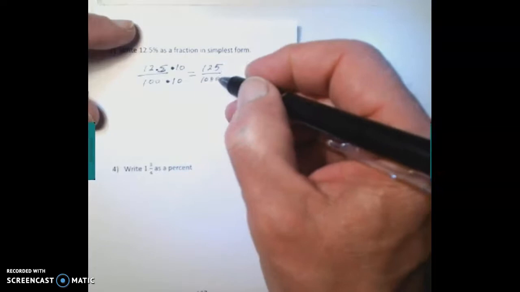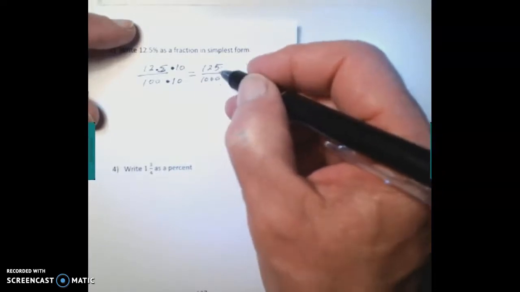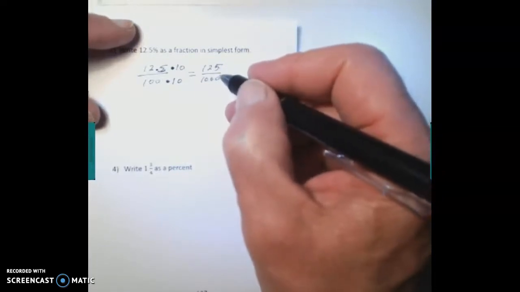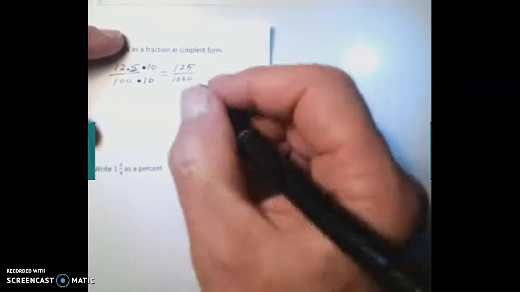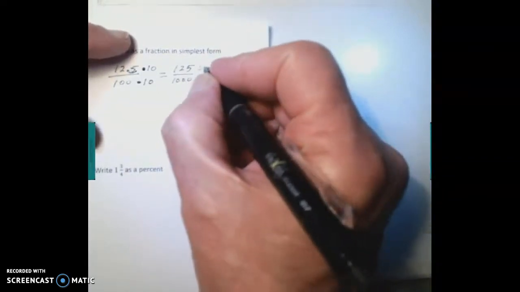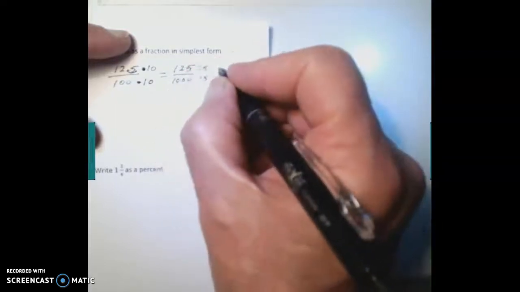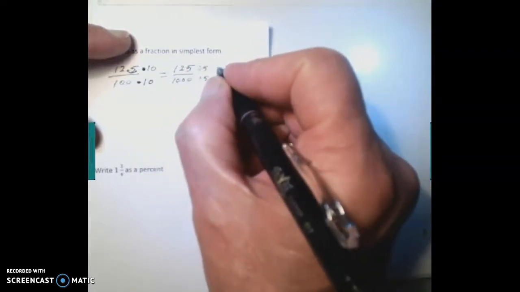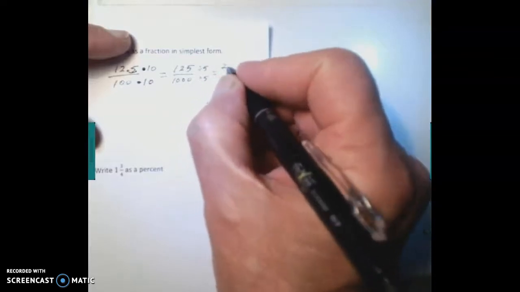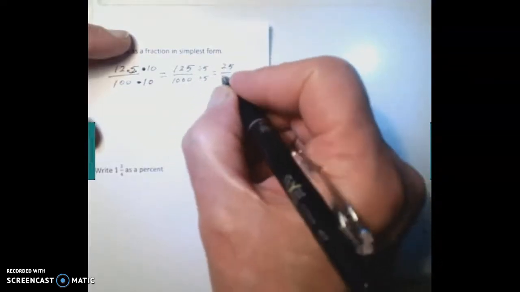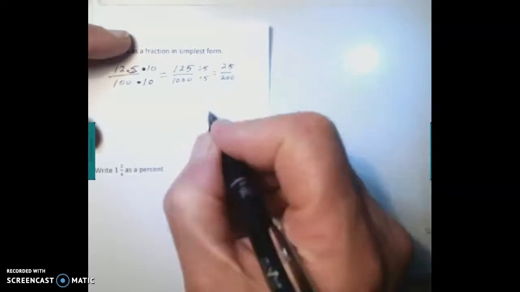There you have your fraction, but now you need it in simplest form, so you need to reduce. They both end with a 5 and a 0. That means they're both divisible by 5. I'm going to take it a step at a time and divide both of these by 5. Dividing by 5, and yes, you could use a calculator, you would get 25 over 200.